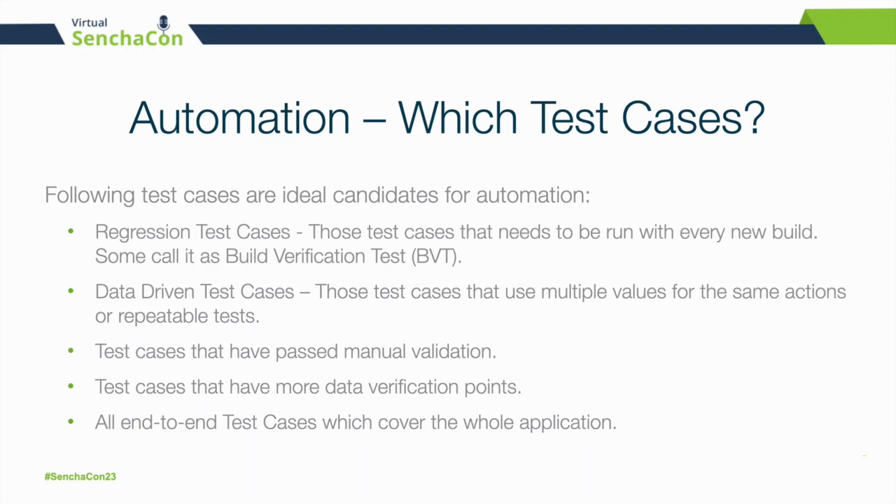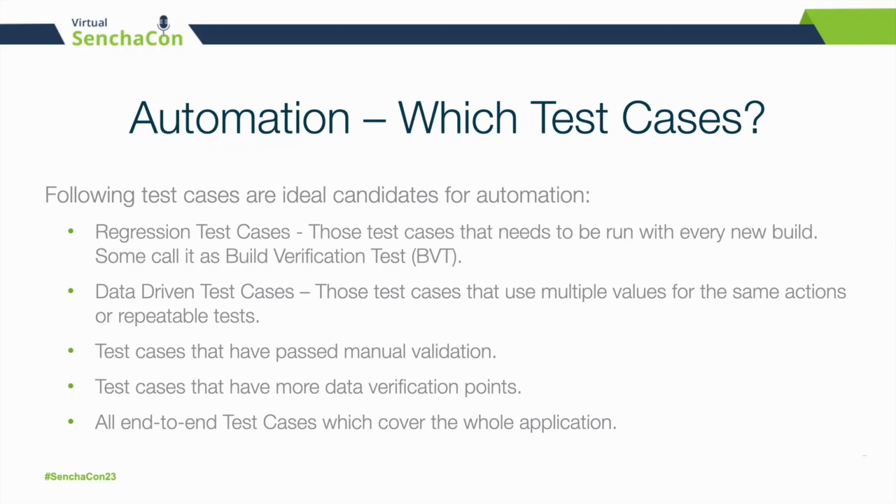Once we start to automate, we need to consider which test cases need to be automated first. Below are a few test cases which will be the right candidates for automation. Firstly, the regression test cases. These test cases are used to validate the build quality. Some companies have their own build verification test which consists of these regression test cases.